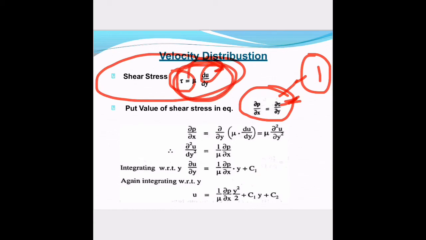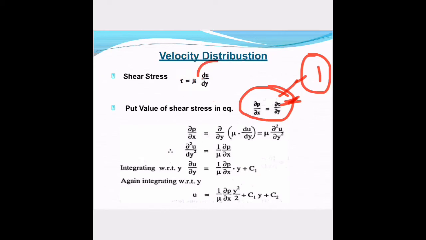We put this in equation number 1, which we got in the previous slides. In the previous discussion I told you that we got one equation by calculating all the net forces, the resultant forces. That equation is considered as equation 1, and we put the value of tau in that equation.